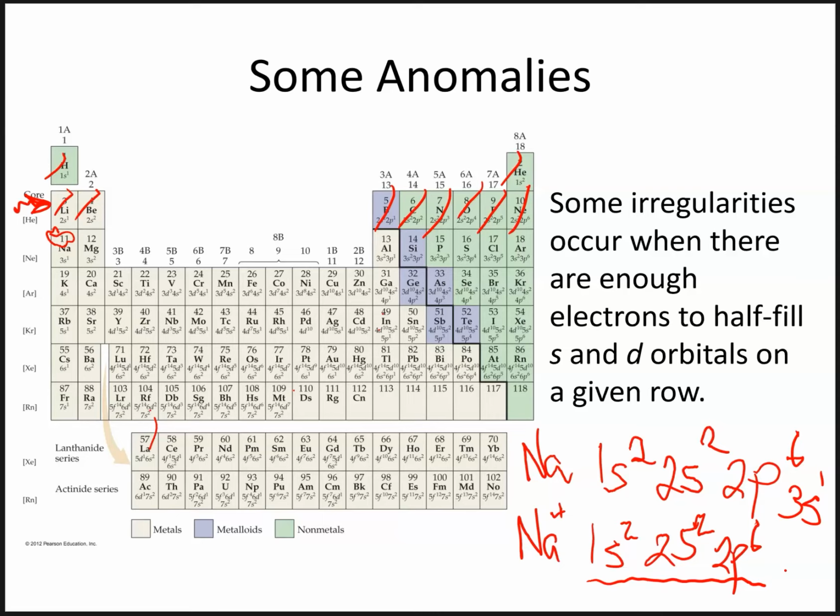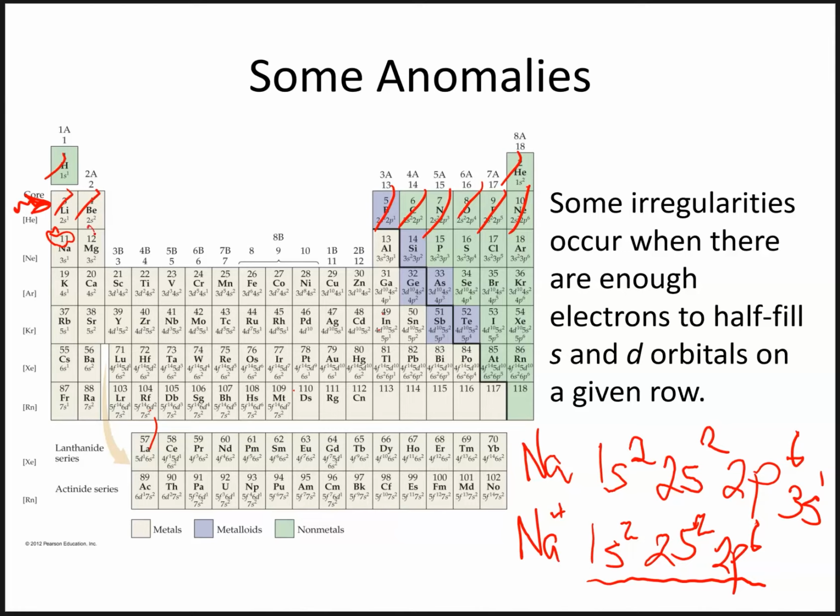So every time you complete a row, you will have completed the maximum number of electrons allowed in those orbitals, and you have essentially filled what's known as a core. So in the sodium atom, there are 10 core electrons and 1 valence electron.